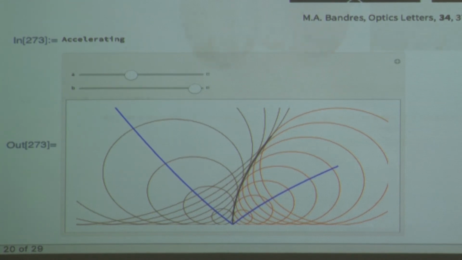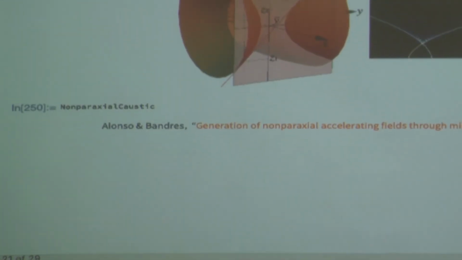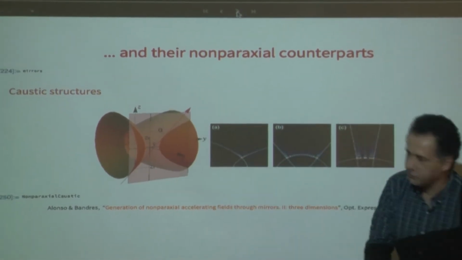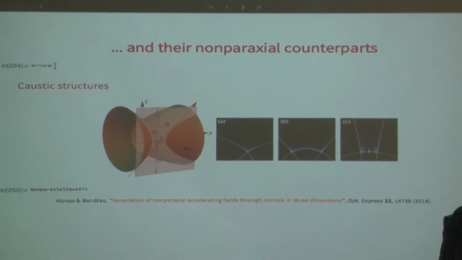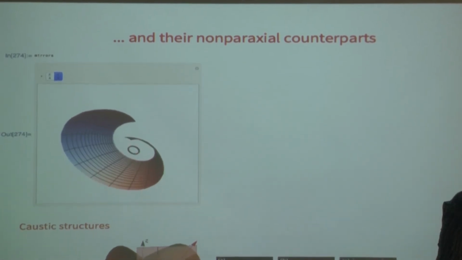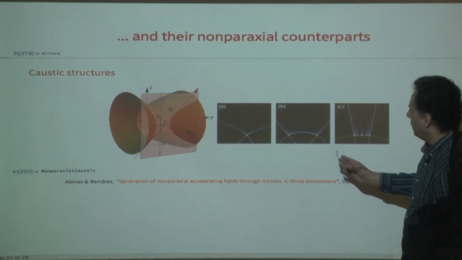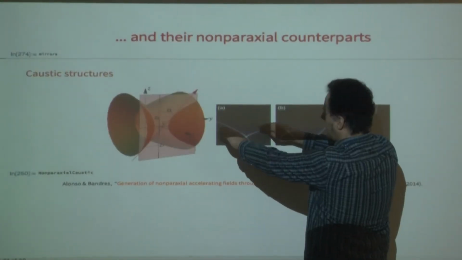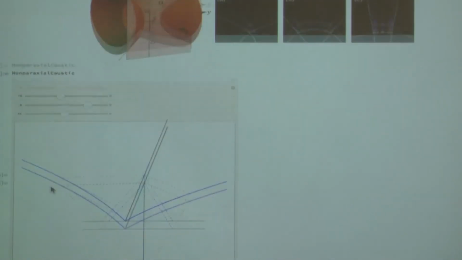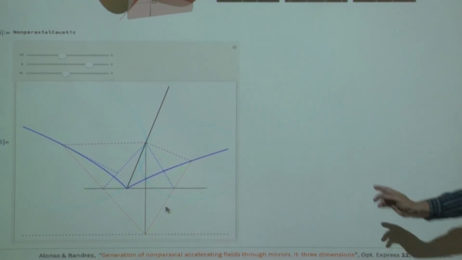And what happens when they go non-paraxial? I'll try to do this very quickly. So if I want to go circular, I discussed the mirror solutions before. For example, this one, if I now look at that, it turns out that something similar happens, but the caustics bend. At some point, I came up with a geometric interpretation, and I confess I forget the details, but it's all in this diagram.